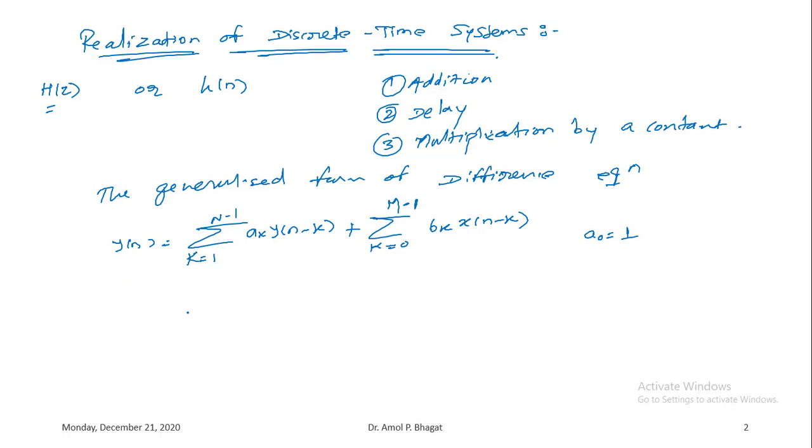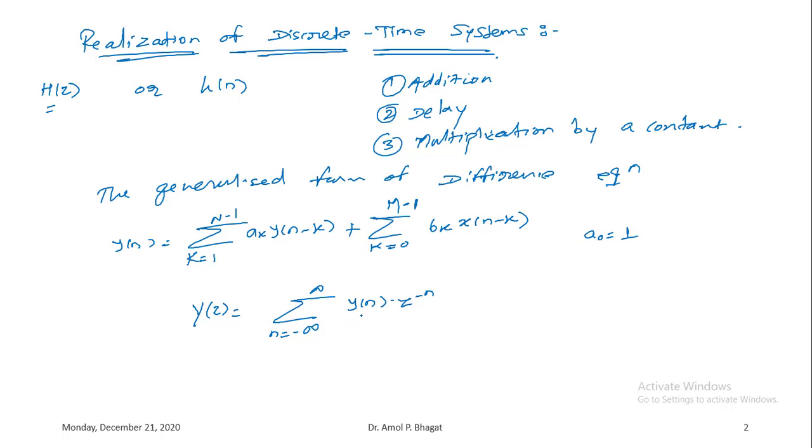So if I'm taking the z transform of this y of n, it can be represented as y of z, and the equation for it will be summation n equals minus infinity to infinity y of n into z to the power minus n, right?